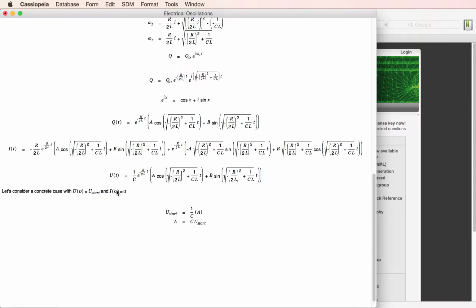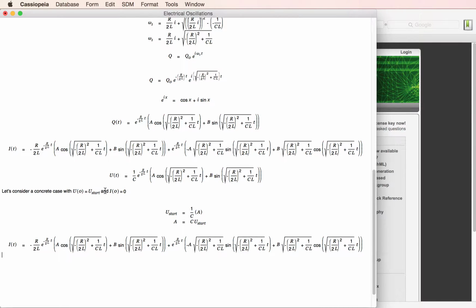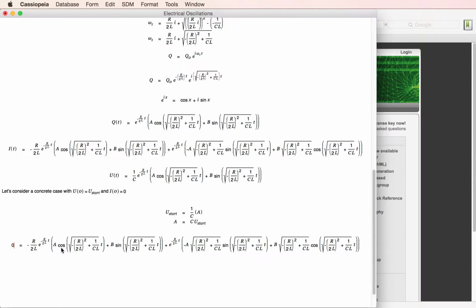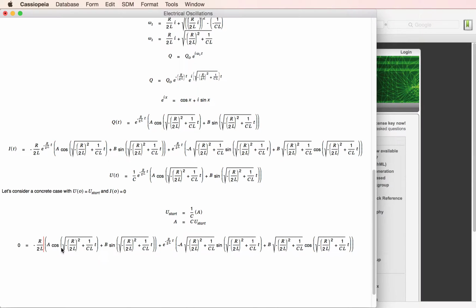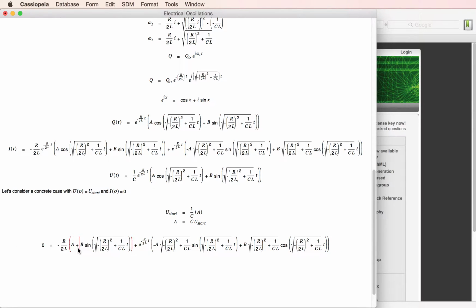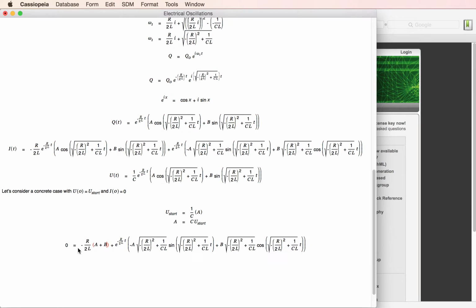And the second limit lets us determine B. Let's make a copy of that one. We have 0 current at t0. Here we have 1. This becomes 1 again. This becomes 0. This becomes 1.